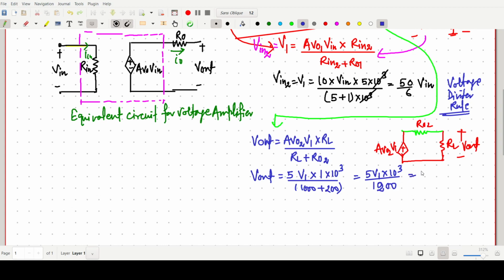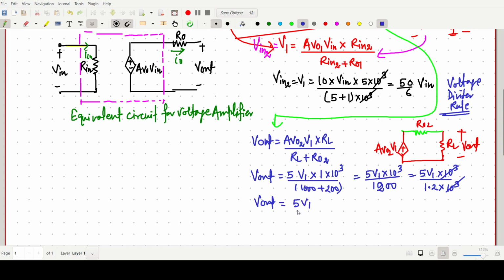Or we can write this as 5 V1 into 10 to the power 3, and this can be written as 1.2 into 10 to the power 3, 1.2 kilo ohm. If we remove this decimal, then 1200. So this and this will cancel out.